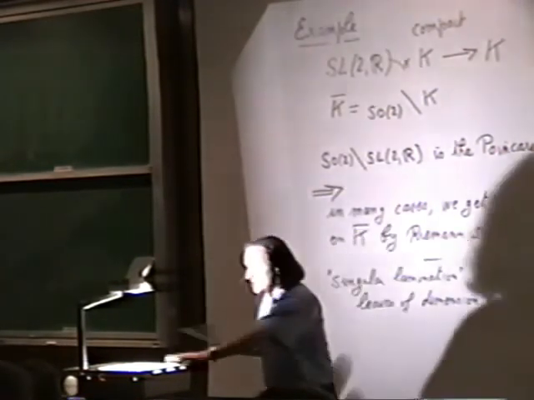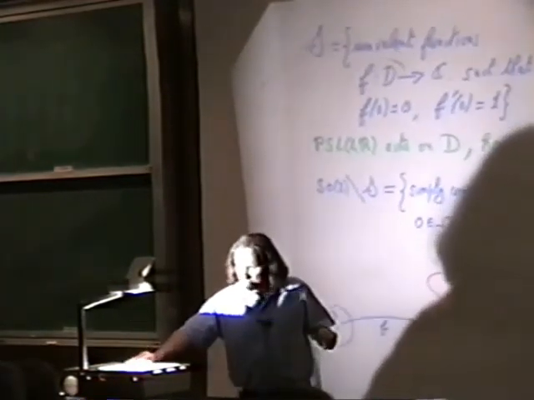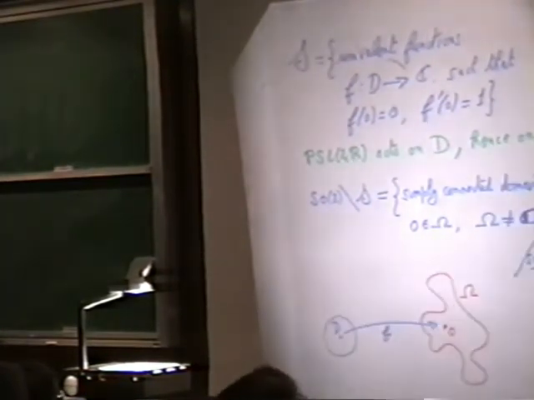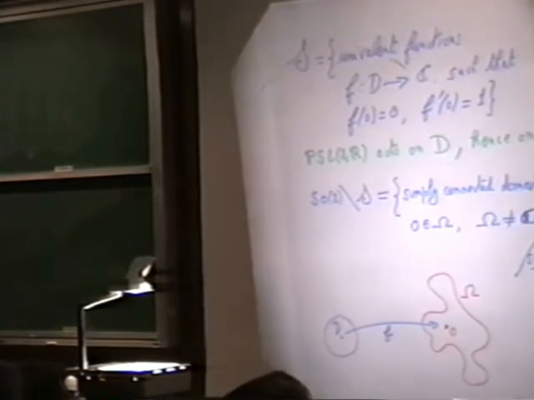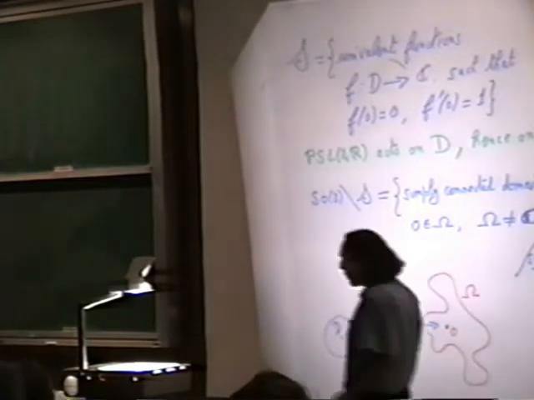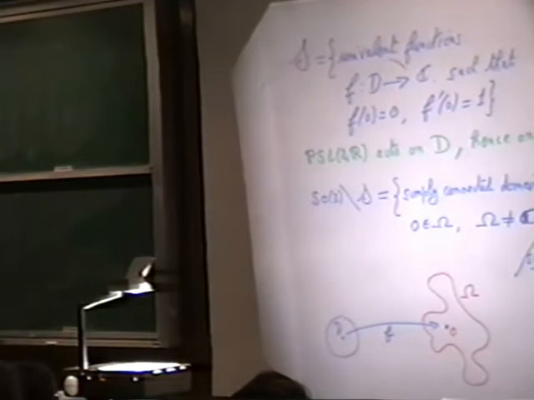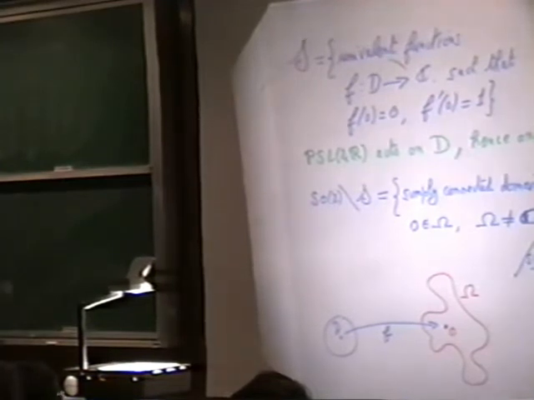The example is to look at the space S of Schlicht functions, or univalent functions. That is, you consider the space of all holomorphic injective functions from the unit disk D into the complex numbers C with the normalizing condition that f of 0 is equal to 0 and f prime of 0 is equal to 1.